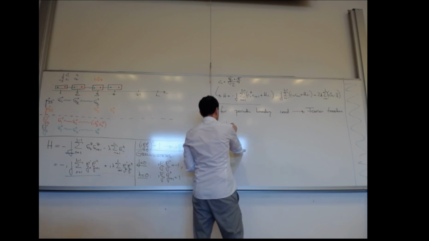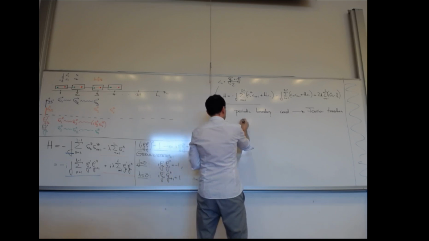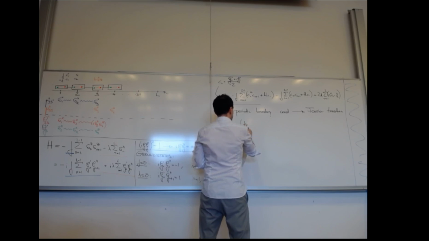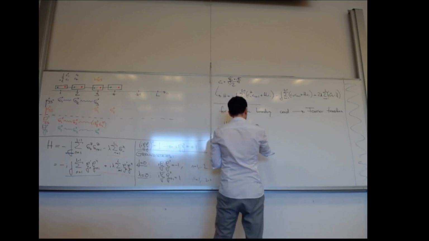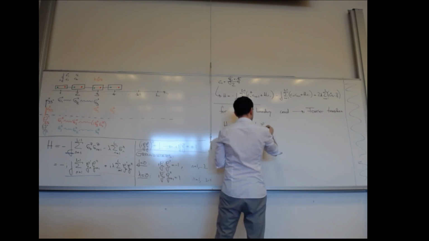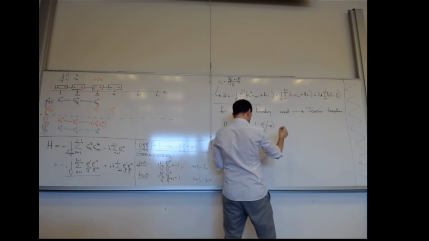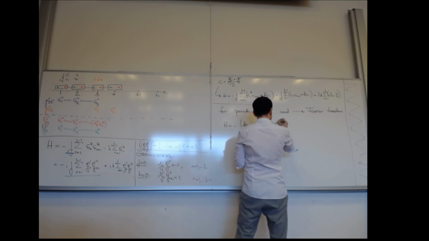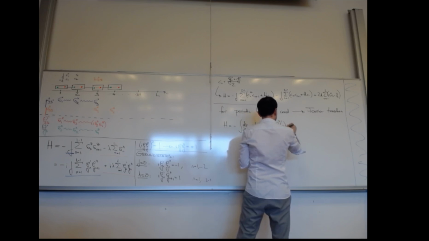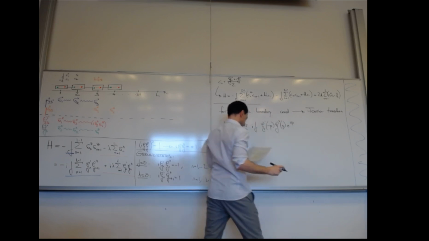So H equals the integral dp over 2 pi, sum over j, of zeta prime minus p zeta double prime p e^{ip}.